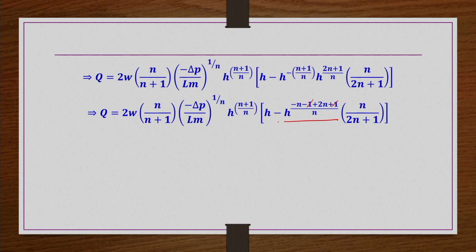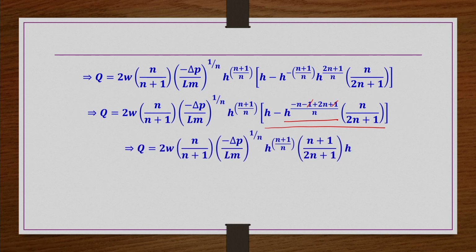So, h minus hn divided by 2n plus 1, from these two terms now you can take h common, and then if you do the LCM, h multiplied by 1 minus n by 2n plus 1 is nothing but n plus 1 by 2n plus 1. This is what you are having here, right.